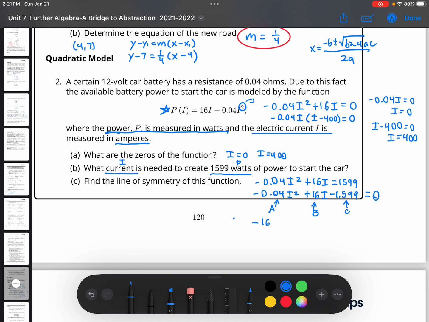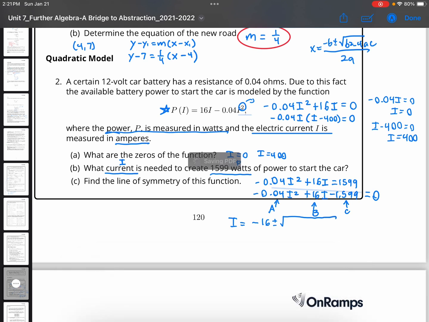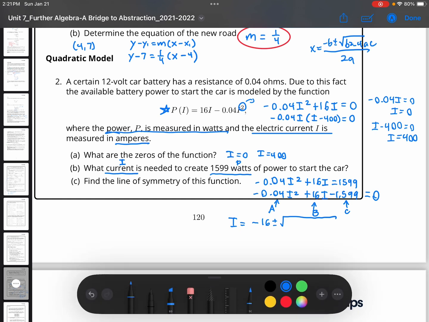So i, in this case instead of x, is equal to negative 16 plus or minus the square root of 16 squared minus 4a, and in my case a is negative 0.04.